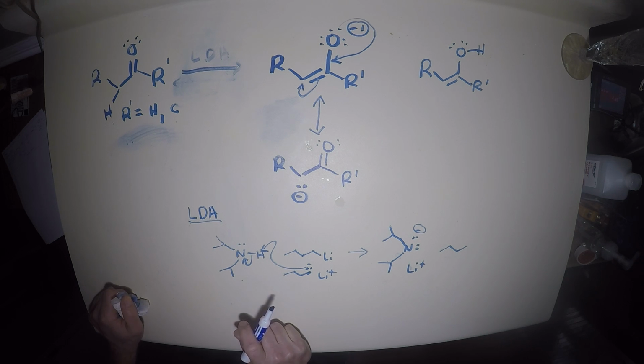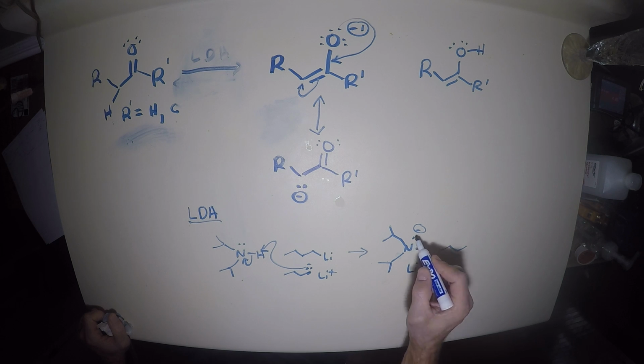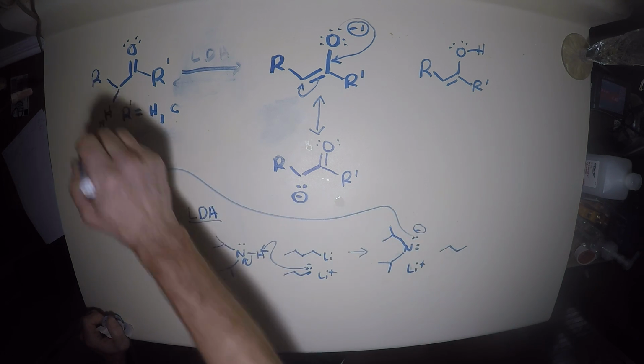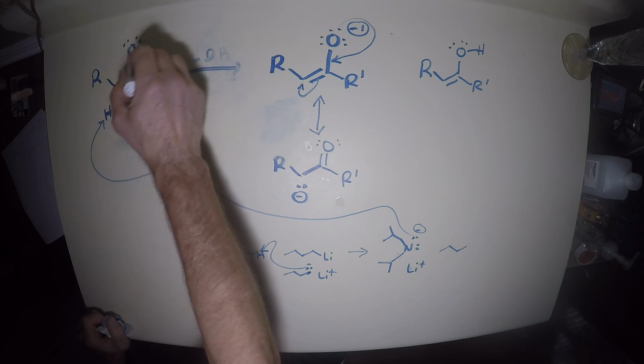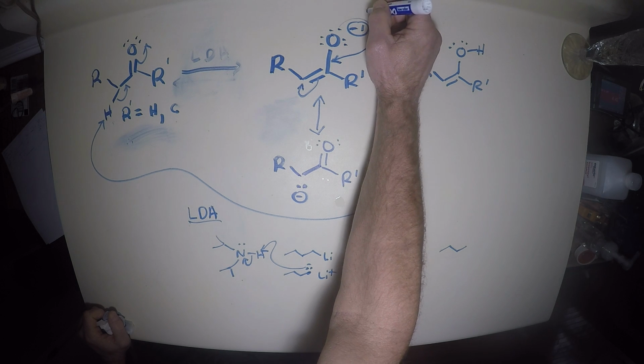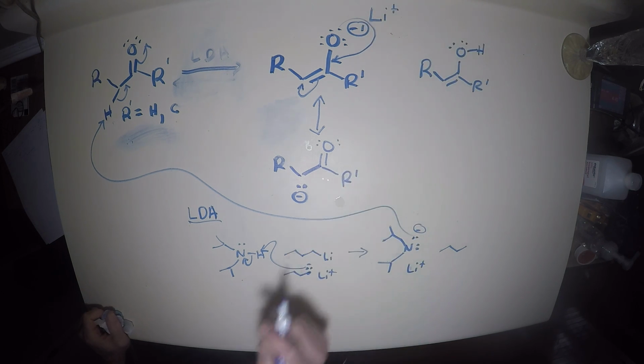And of course, mechanistically, you would just use the LDA lone pair on nitrogen to grab the alpha H, again forming the enolate, and if you like, you can show the counter ion as lithium.